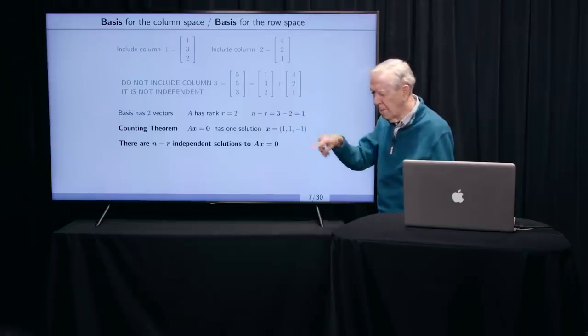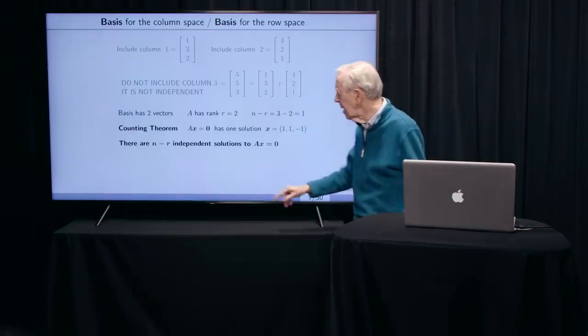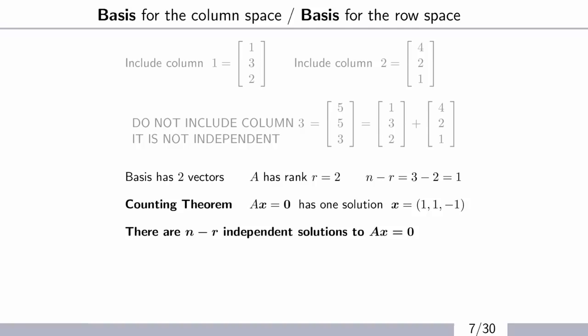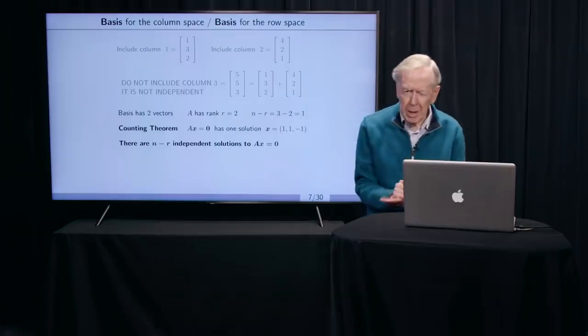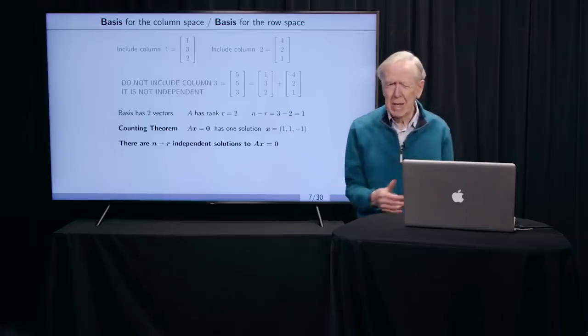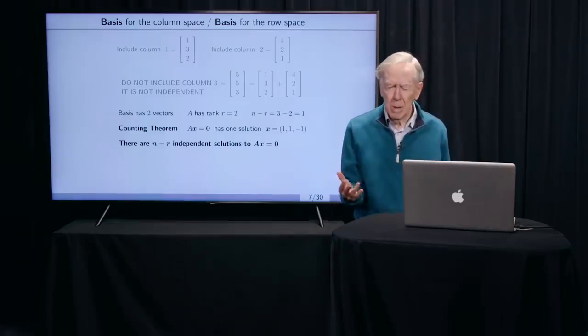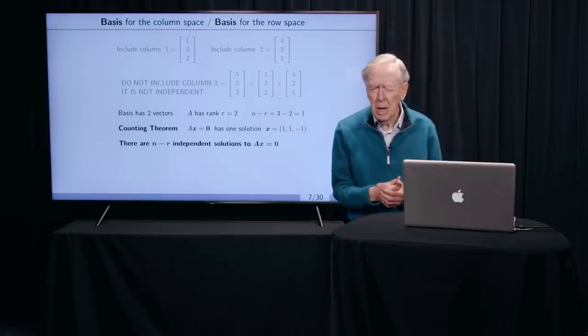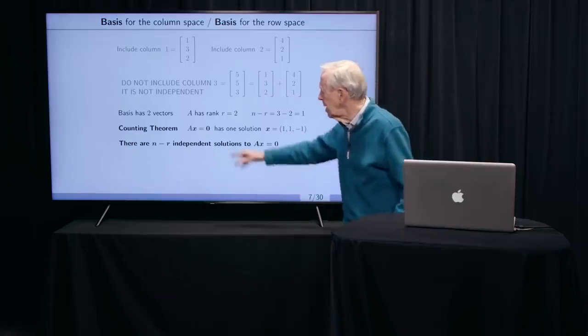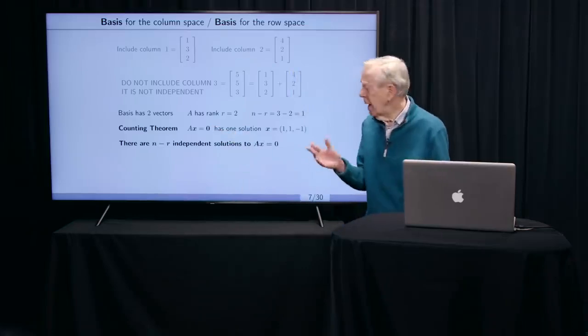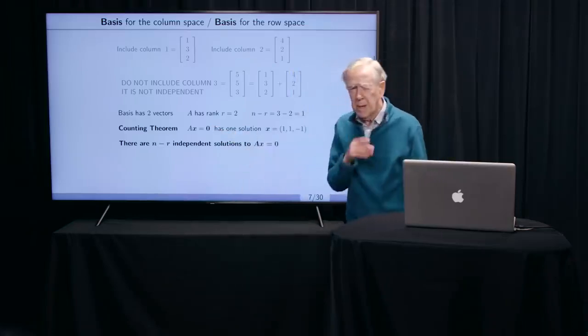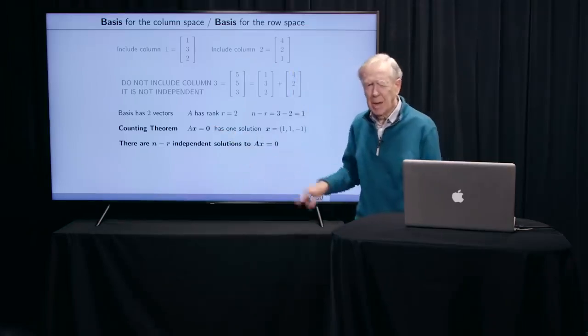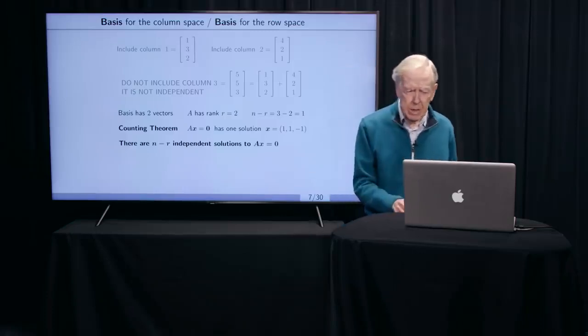So that 1 and minus 1 and minus 1 would tell us an x. And that's the solution. In applying linear algebra in engineering, in physics, in economics, in business, you end up with equations. Things balance. And you want to know how many solutions there are. And linear algebra is created to answer that question.